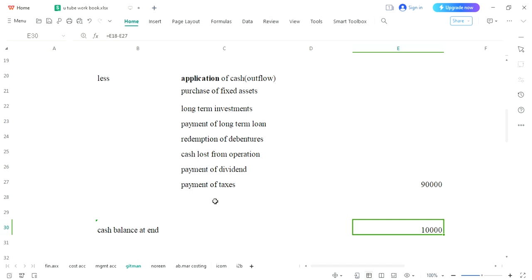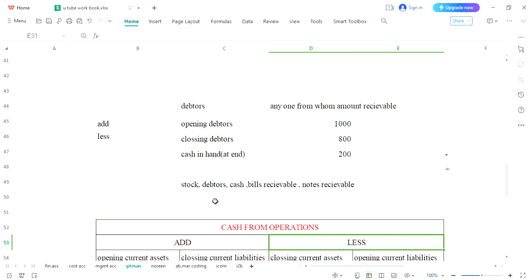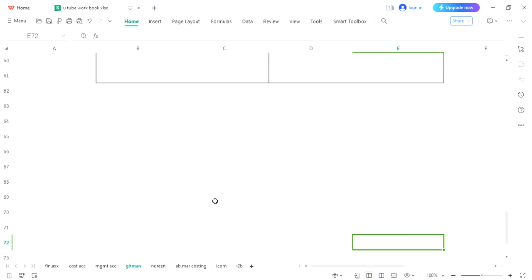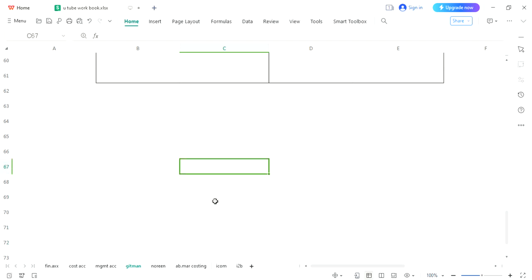Half part is associated with current assets and current liabilities, and we will see cash gone or cash received. Half part is associated with fixed assets and fixed liabilities, where we will see cash is paid or cash is received. I will try to make this diagram so that you would have it in mind. Cash flow statement has two parts.